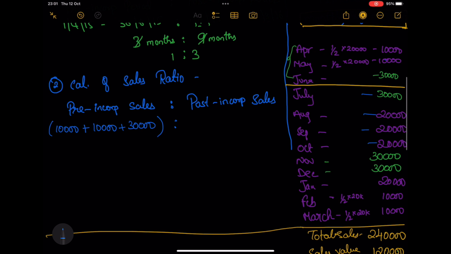So if you add it, we'll be getting 1,90,000 over here and 50,000 over here. So 50,000 is to 1,90,000. So zeros will get cancelled. So 5:19 is the sales ratio. Got it? Very simple.